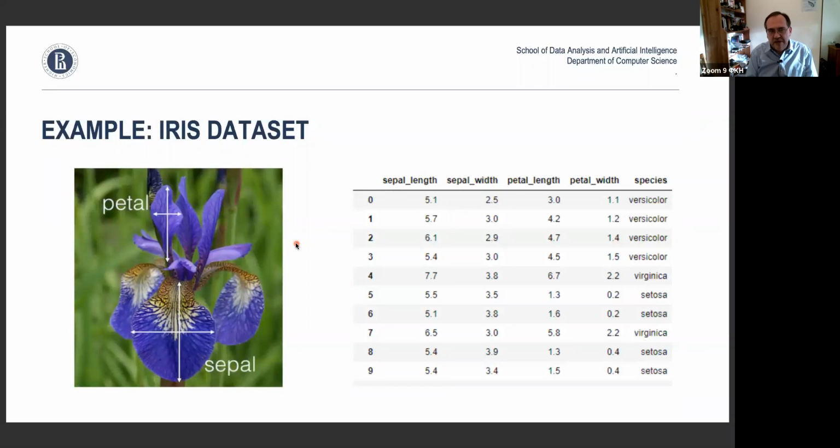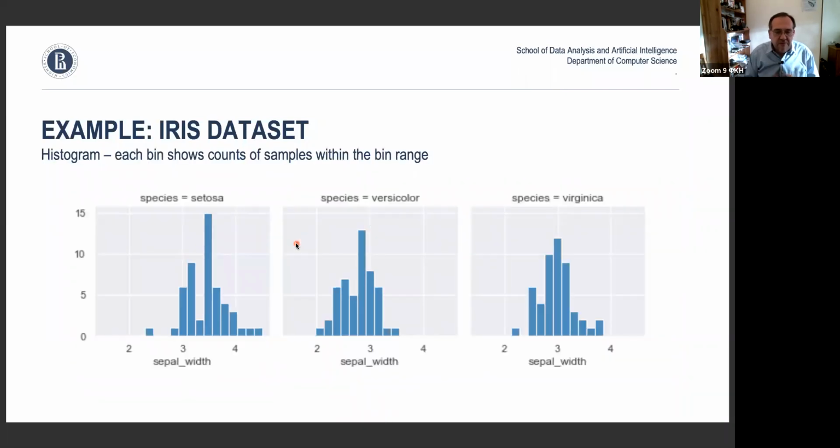Let's try to explore it. We know that these are about flowers, and that it's about the shape of their leaves. Let's see what we can learn from the data. So first of all, we can look at these very simple histograms. These are three species, setosa, versicolor, and virginica, and this is sepal width.